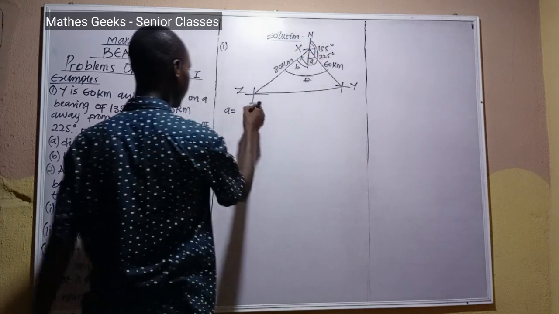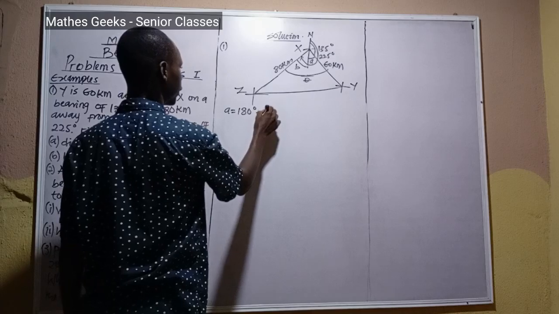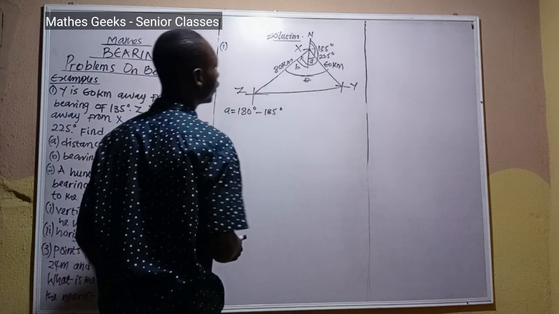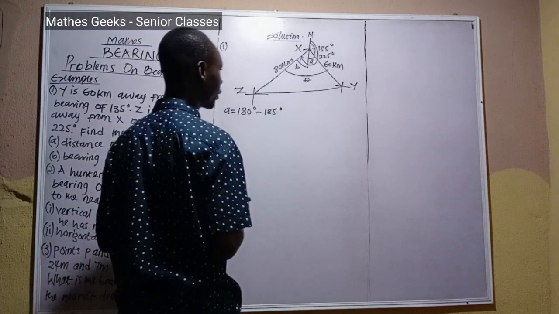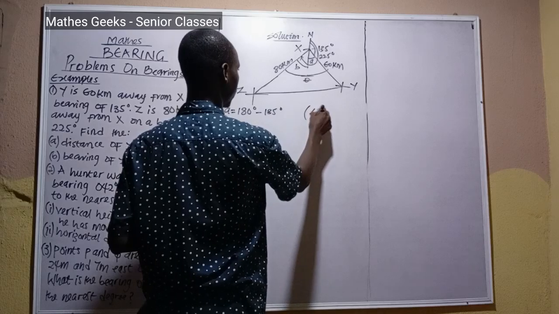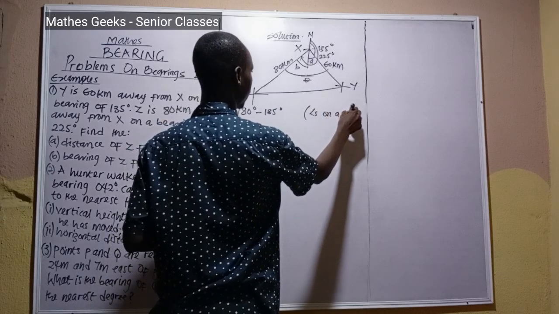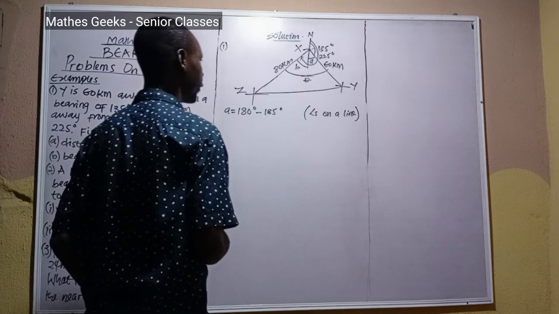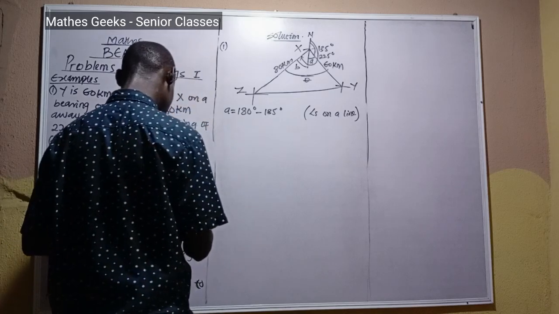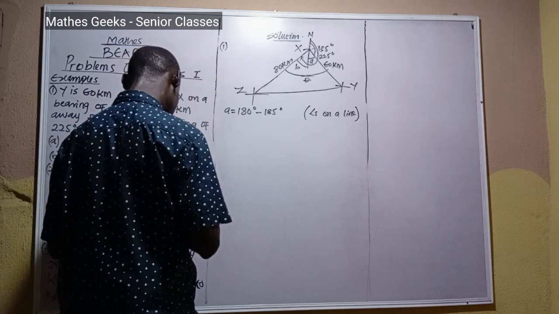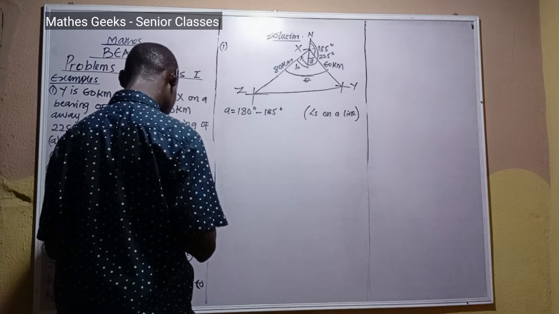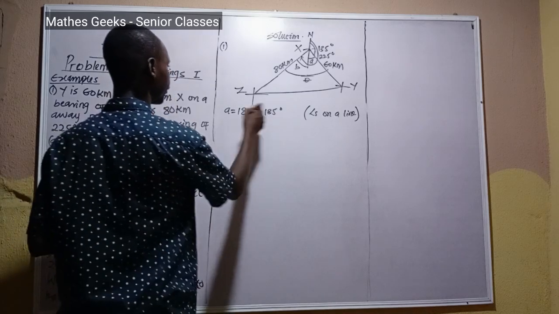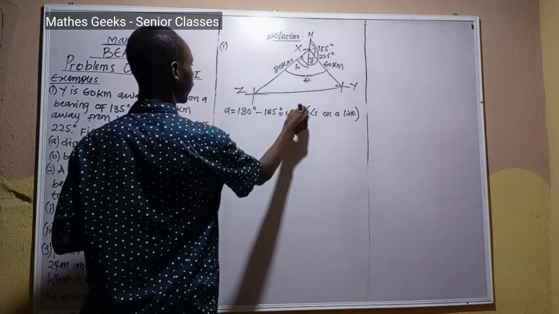So that will give us 180 degrees minus 135 degrees. The reason is angles on a straight line, supplementary angles. So 180 degrees minus 135 degrees equals 45 degrees.